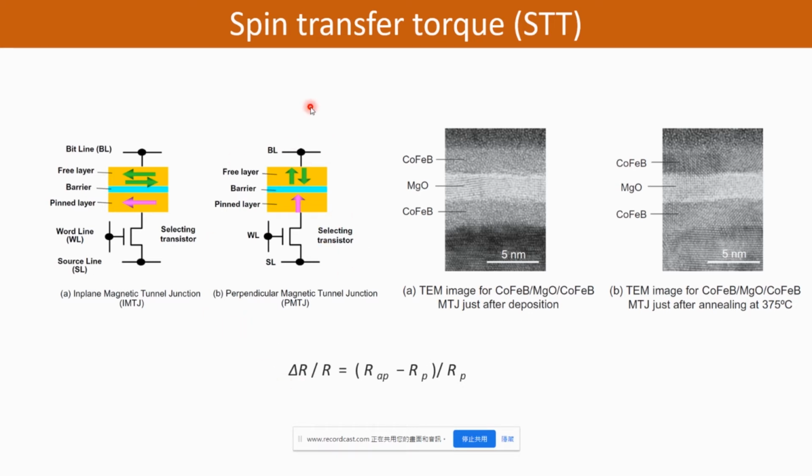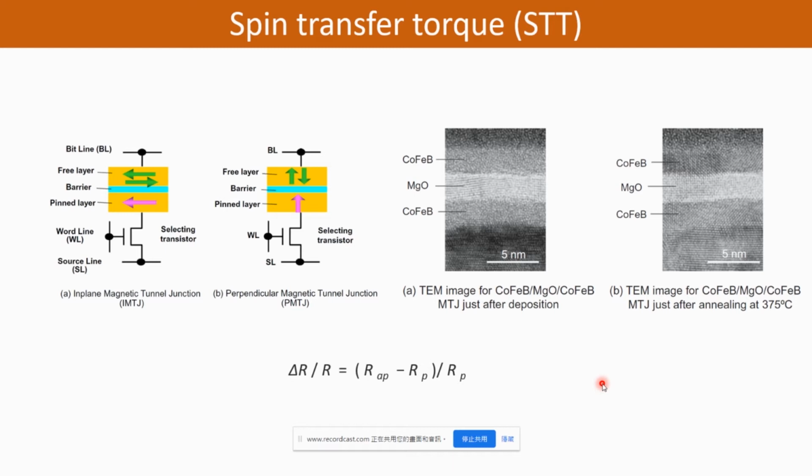The resistance of the MTJ depends on the relative orientation of the magnetization in the two ferromagnetic layers. This resistance change is called the tunnel magnetoresistance, TMR ratio. This TMR ratio is defined by the equation down here, and R_AP and R_P here mean the resistance of the antiparallel and parallel magnetization configurations between the two ferromagnetic films.